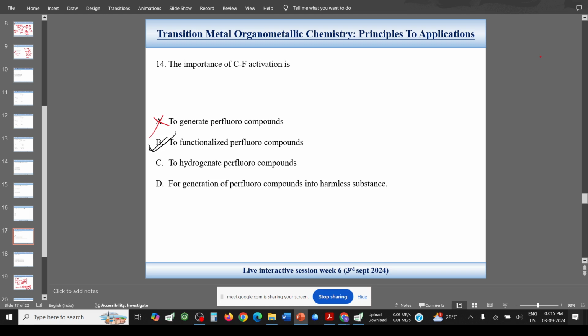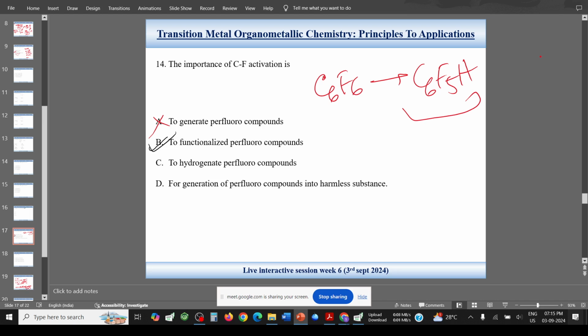So option A is crossed. To functionalize perfluoro compound, yes, we are activating the perfluoro compound, then functionalizing it to other functional groups, like I discussed C6F6, and we have functionalized to C6F5H. Okay, to hydrogenate perfluoro compound. This may or may not be. We are not doing it all the time because this molecule may not have importance.